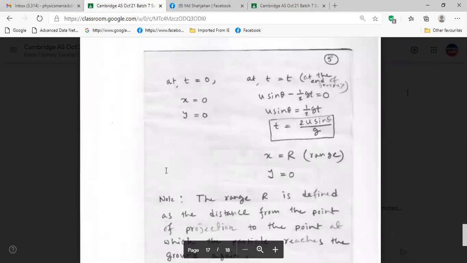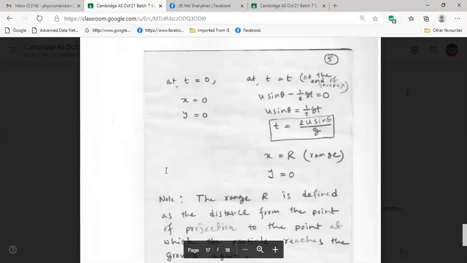Then we see time 0: when the time is 0 at the beginning, x, the horizontal displacement, and y, the vertical displacement, are also 0, because at the beginning there is no motion yet, it was just started, right?